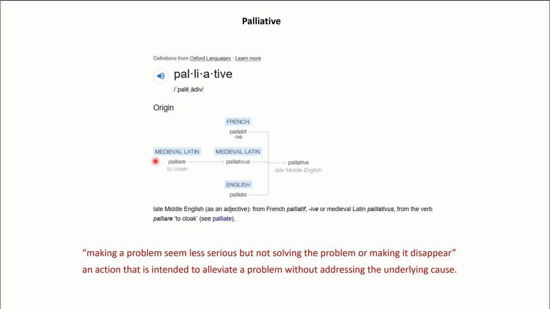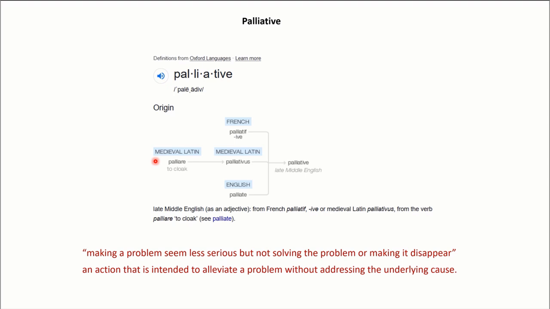Essentially, it means to mitigate or extenuate, or to pull a cloak over the problem, to cover the problem and conceal the problem, but not address the underlying cause. I hope that makes palliative management and palliative medicine and palliative care clearer. Palliative care, by the way, is used in medicine.